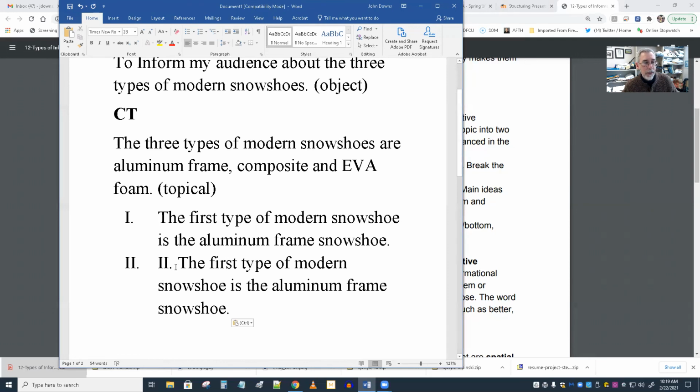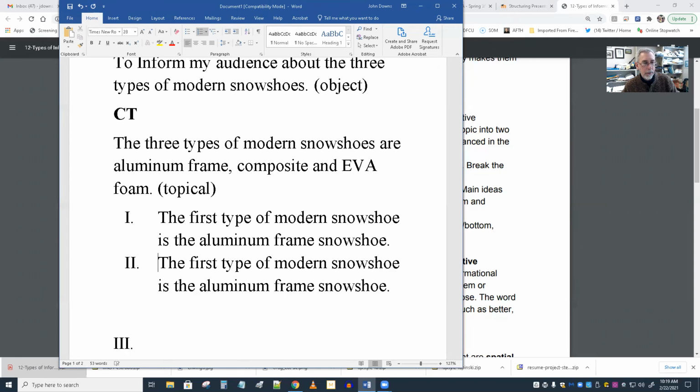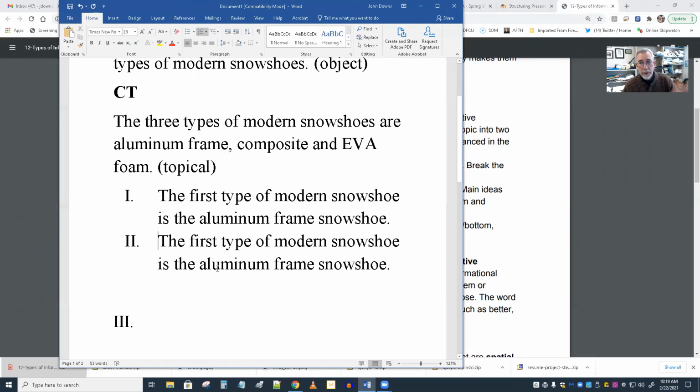So I would say the first type of modern snowshoe is the aluminum frame. Okay, and then I would just do that same thing over and over again.